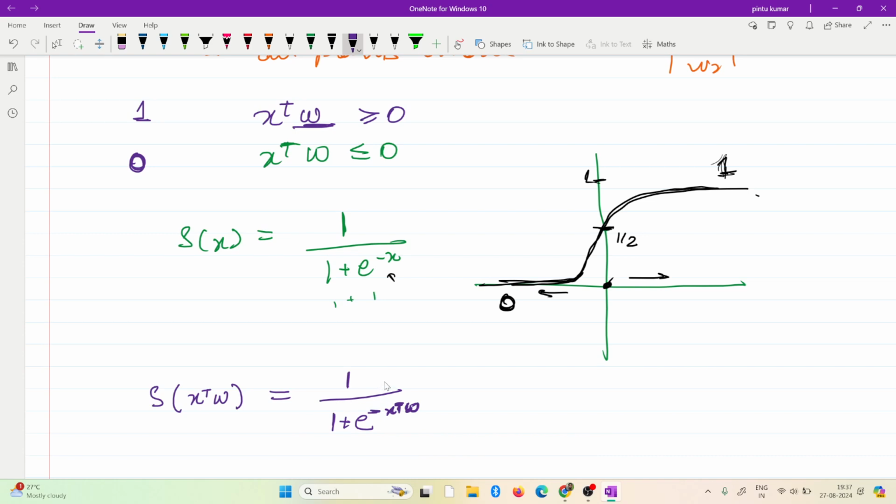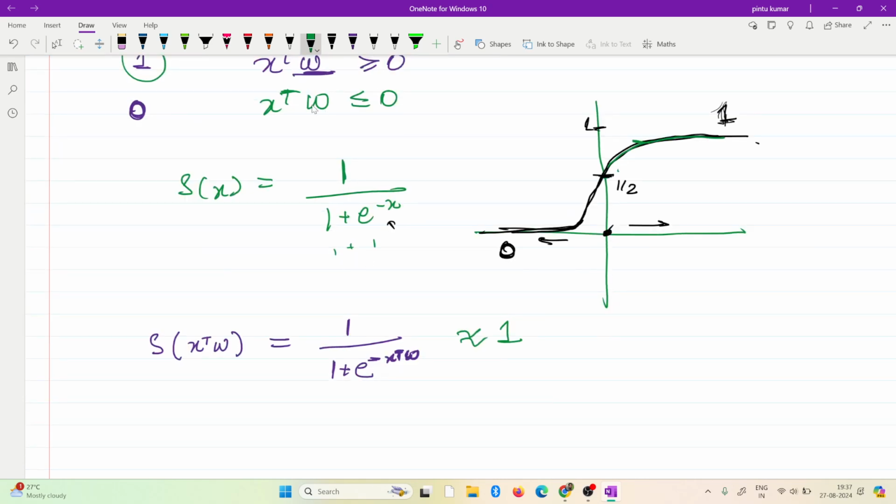So if my X transpose W is greater than 0, what I want is that I should predict 1. What is the value that this S of X will give? You can see that it very quickly goes to 1. So it will give me value greater than half and very close to 1.